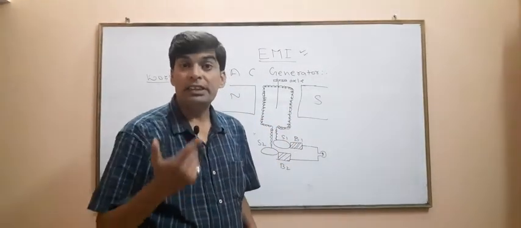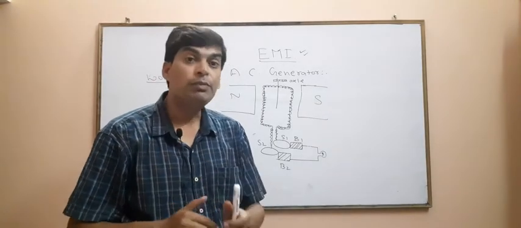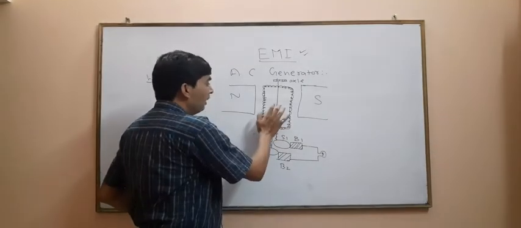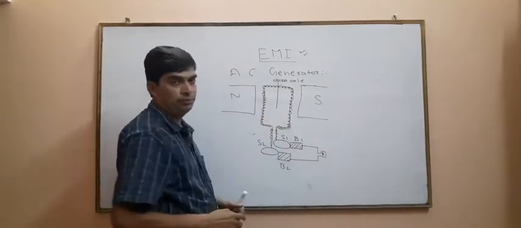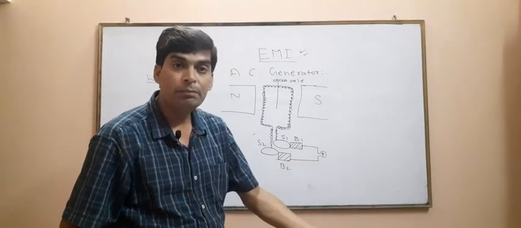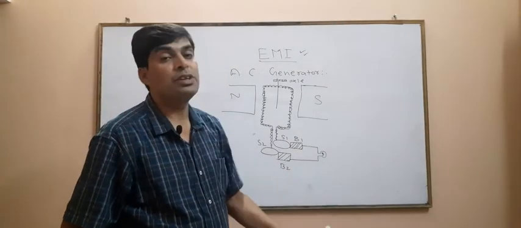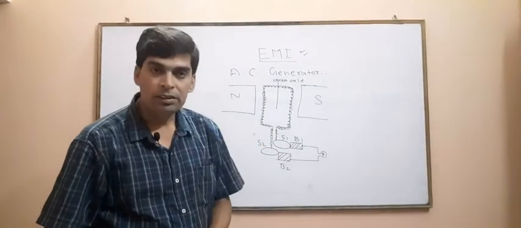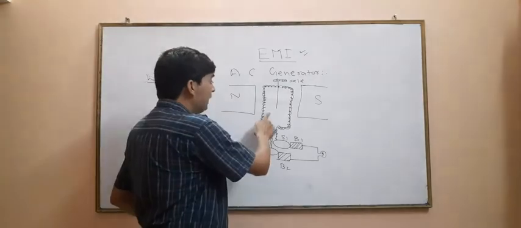As the magnetic field is changing, the induced EMF is produced, that is EMI. So by changing the rotation of this armature, the magnetic field changes, and a changing magnetic field produces electric current. So this is the working of an electric generator. Here, why is it an AC generator?